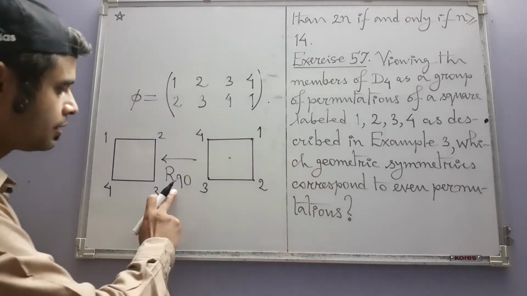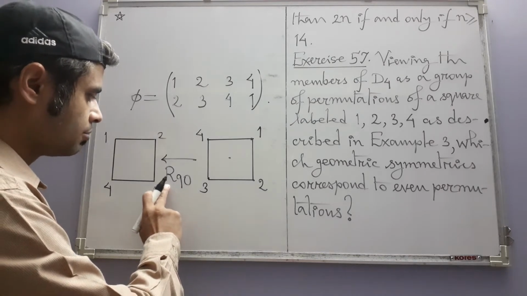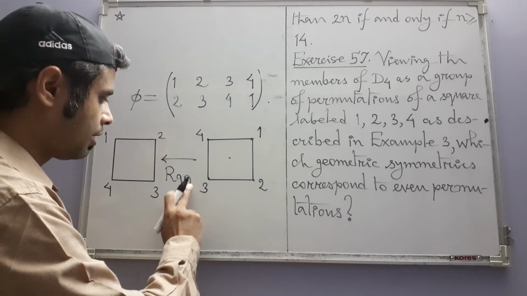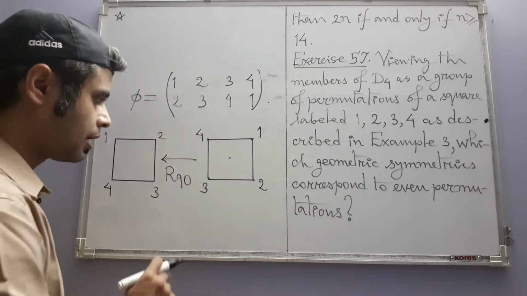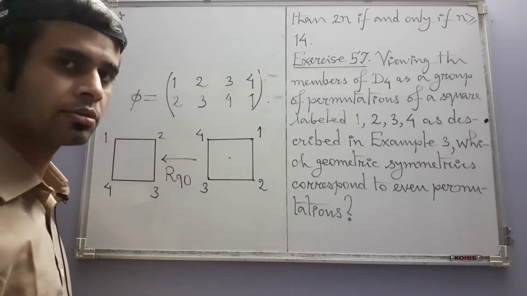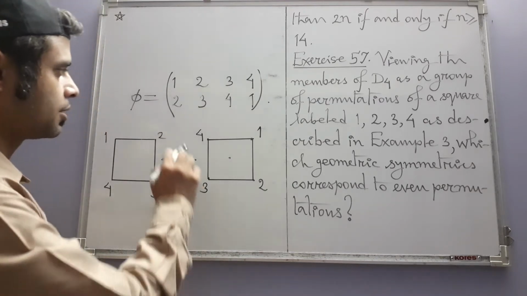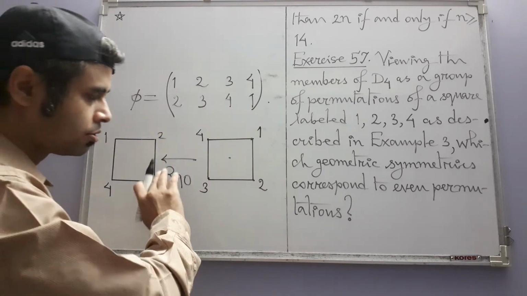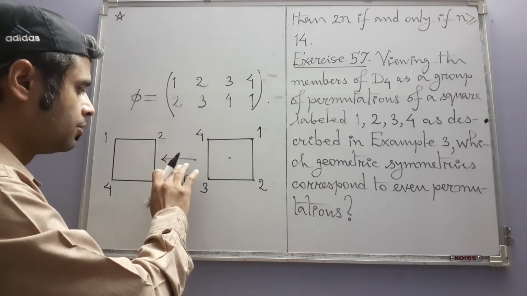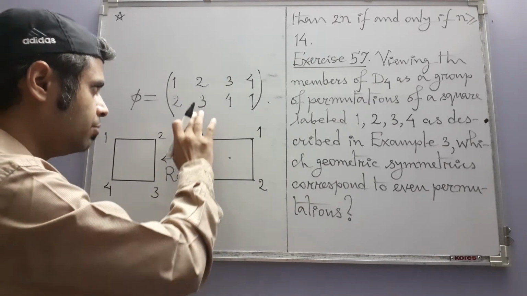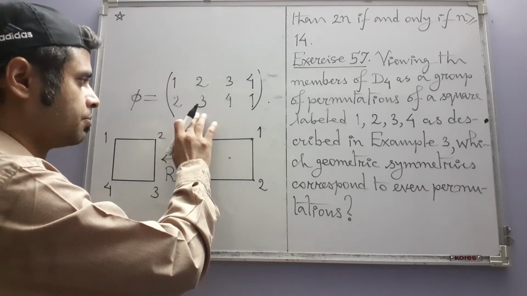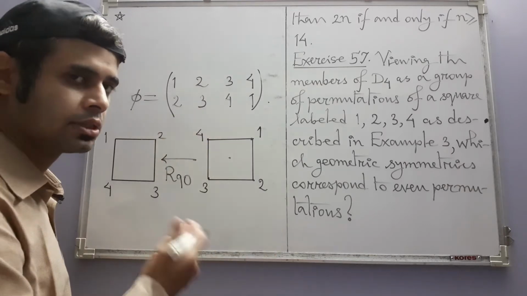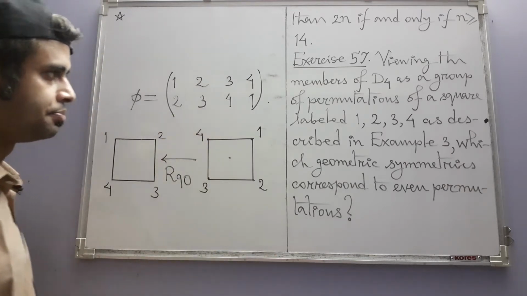However, it does not really make sense to ask whether the geometric transformation R90 is even or odd. That does not make sense, but when you associate, more rigorously speaking, this R90 with a permutation, then you can of course ask whether it is even or odd.